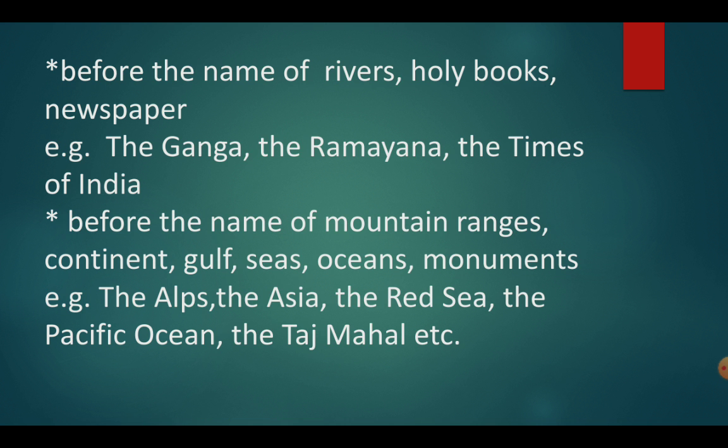Before the name we use the also, before the names of rivers, holy books, newspapers. For example, the Ganga, name of a river; the Ramayan, name of a holy book; the Times of India, name of a newspaper.